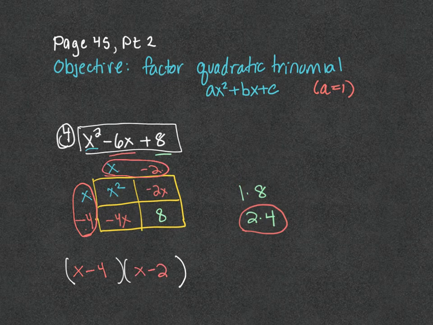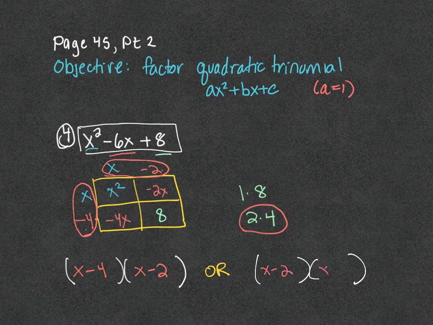And we've talked before about how multiplication is commutative, and so therefore if you switched your negative 4 and your negative 2, the answer of x minus 2 times x minus 4 would be exactly the same as the x minus 4, x minus 2.